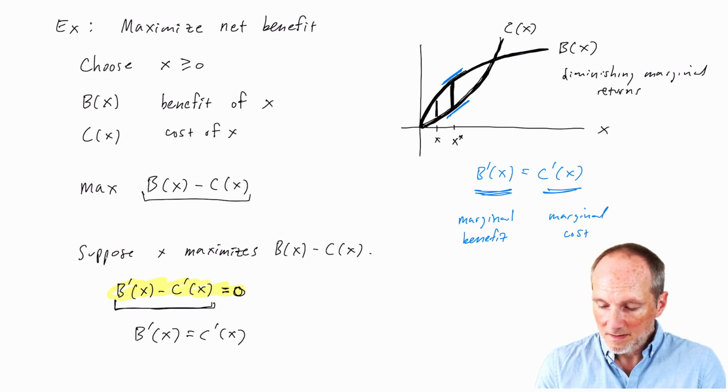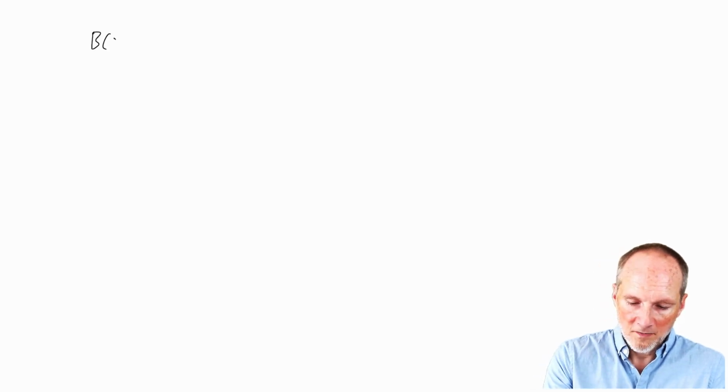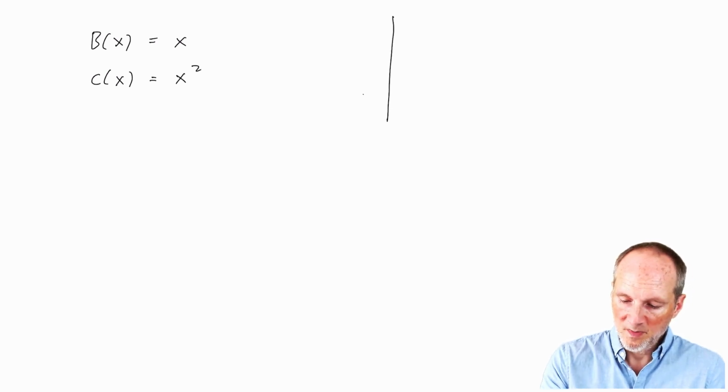It would be simple to just apply this to our example from before, if we let benefit just be linear and cost be quadratic, so the picture would be like so.